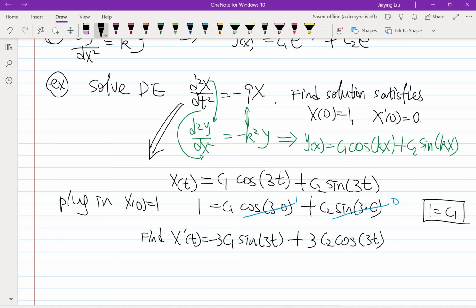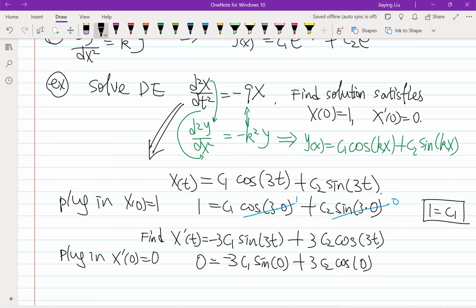Now we can actually plug in the second initial condition, x prime of 0 equals 0. So we get, at t equals 0, the first derivative becomes 0. So we get 0 equals negative 3c1 sine of 0 plus 3c2 cosine of 0.